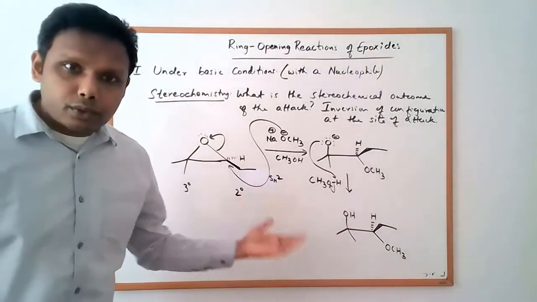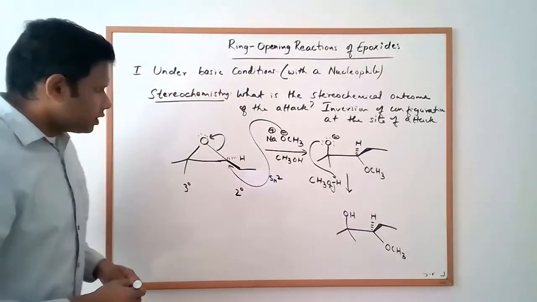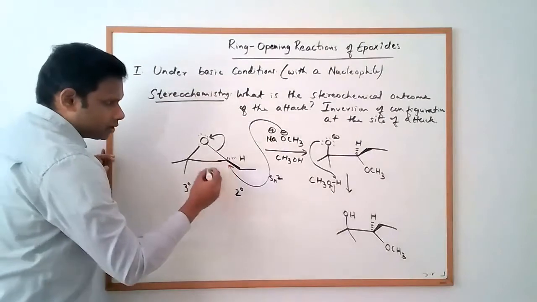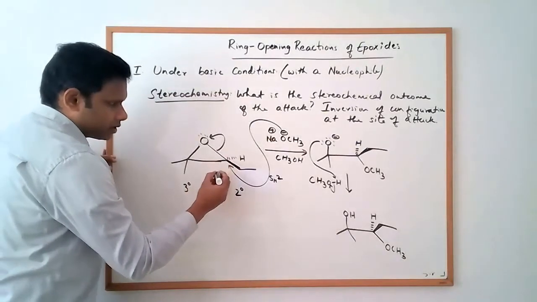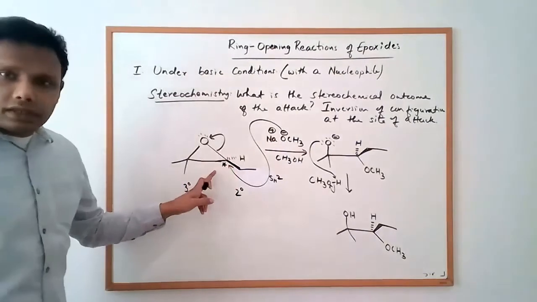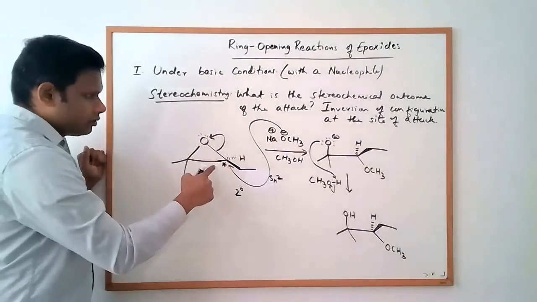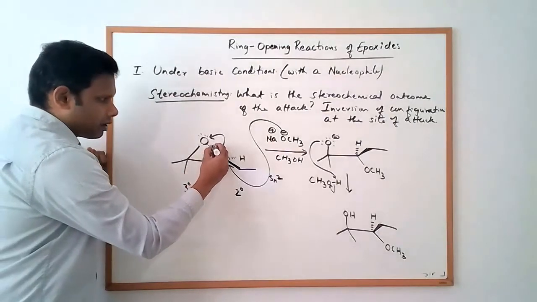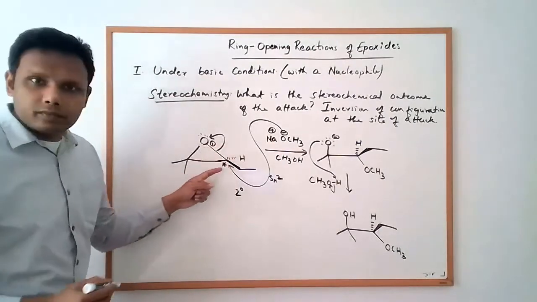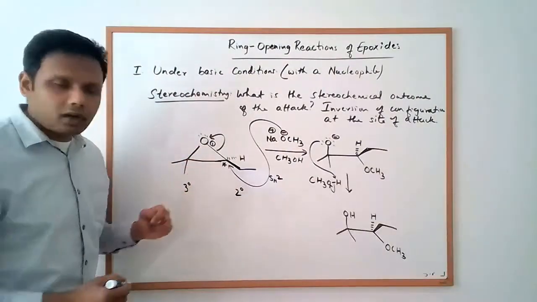So did the configuration invert? Let's go ahead and verify if that really happened. If I focus on this carbon here, which was a chiral center, and assign a configuration to it, this oxygen is 1, the highest priority group on this carbon.